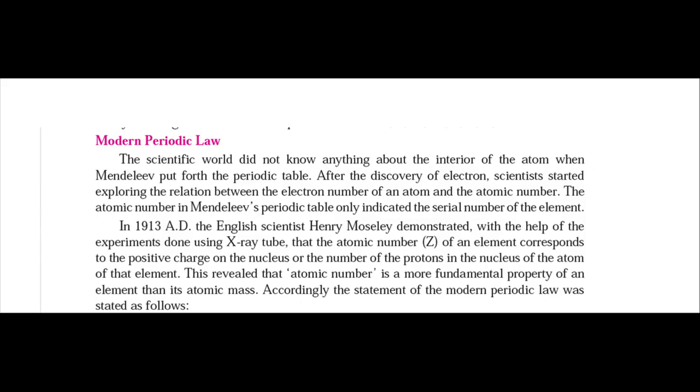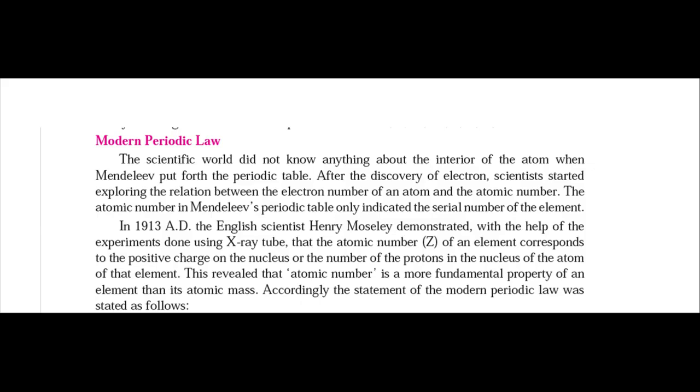Friends, now let's move on to the modern periodic law. We have looked at Mendeleev's periodic table. The scientific world didn't know about the interior structure of atom when Mendeleev actually proposed his periodic table. But once the electrons were discovered, scientists started exploring the relationship between the electron number of atom and the actual atomic number.